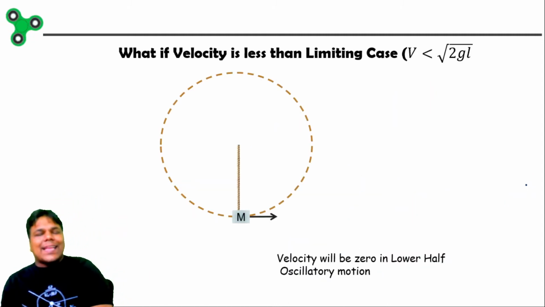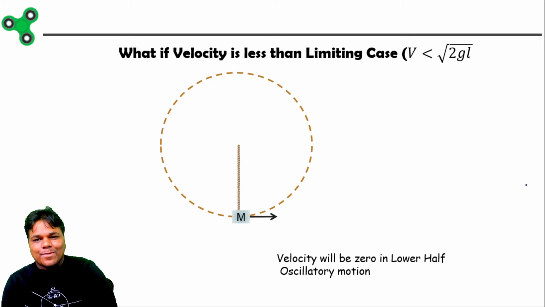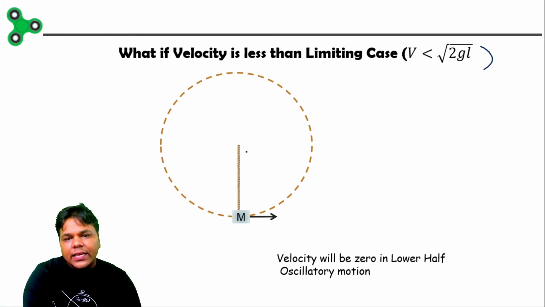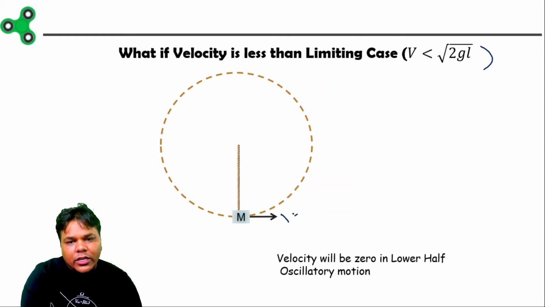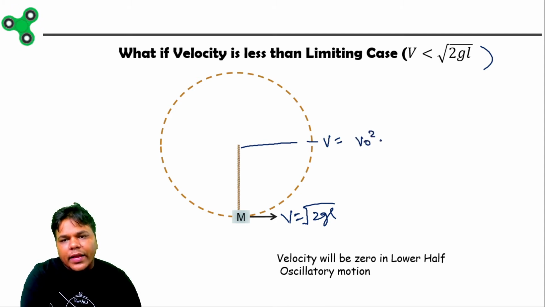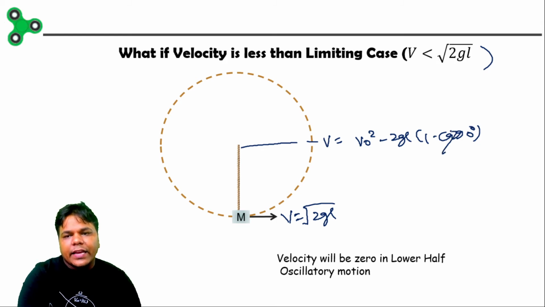What if velocity is less than the limiting case? Let's say root 2gL. Now, as you can see, if velocity is equal to root 2gL, then velocity at this point will be v naught square minus 2gL (1 minus cos 90 degree). If this is 0, then velocity will be 0.